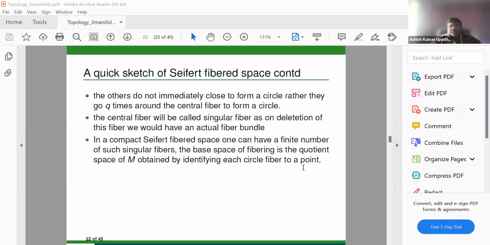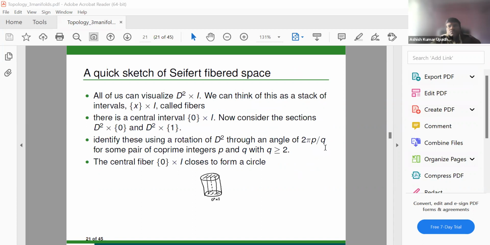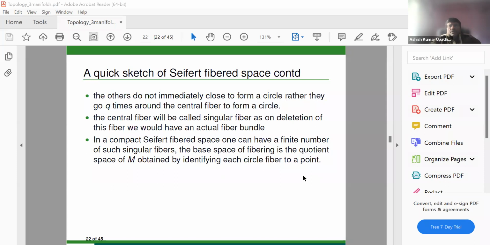One feel is that there are lots of fiberings, and the other is that there are singular fibers. Locally, corresponding to this p and q, you will have one fibering, then you change p and q, you will have another fibering in the same manifold. The manifold will be called Seifert fibered.